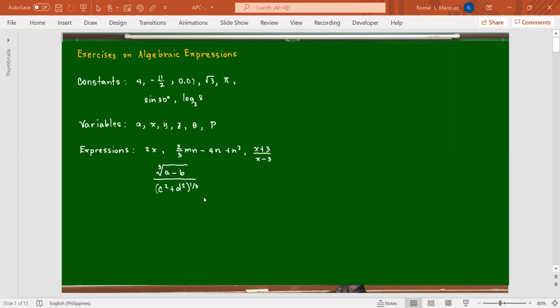For instance, forming mathematical expressions such as 2x, 2/3 mn minus 4n plus n squared, x plus 3 all over x minus 3, cube root of a minus b all over c squared plus d squared quantity to the 1/3. Okay, so these are just some of the expressions that you can possibly encounter in algebra, no? Now, these are actually algebraic expressions.